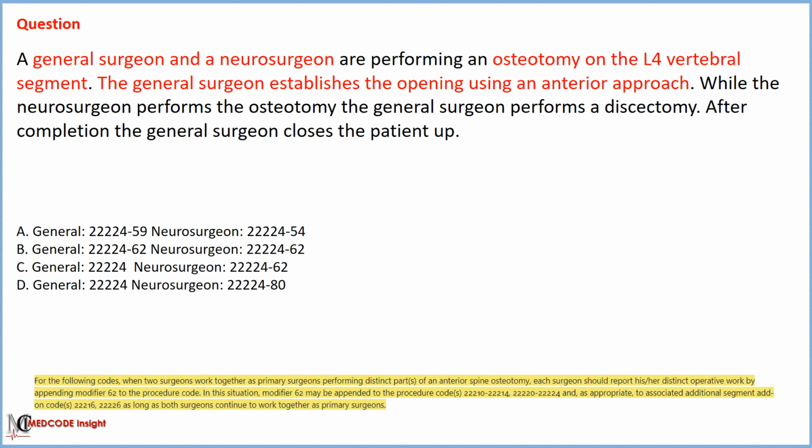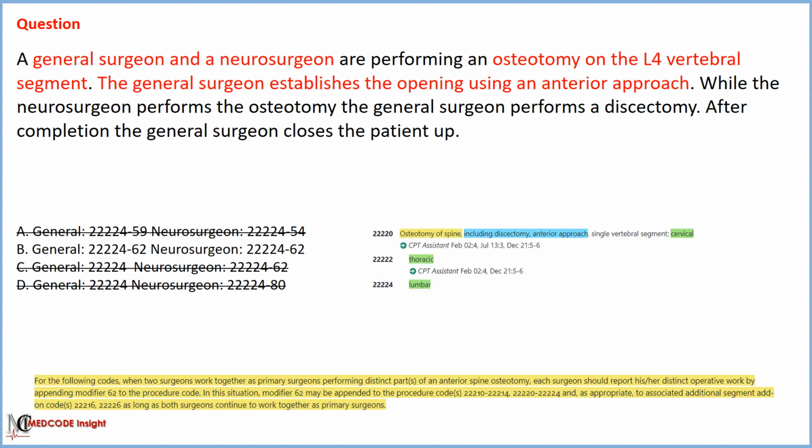Each surgeon should report the co-surgery once using the same procedure code. Based on this guideline, we will eliminate options A and D as well as option C, because modifier 62 should be used for each procedure code to indicate the distinct operative work of each surgeon.